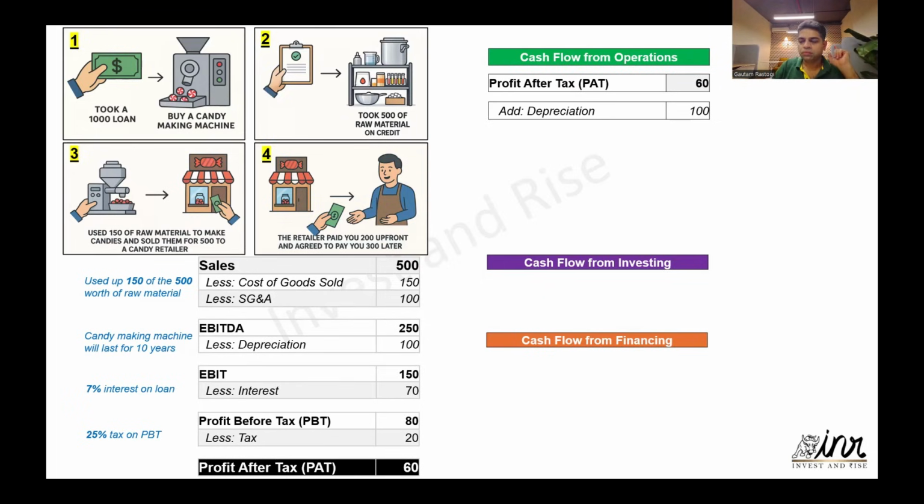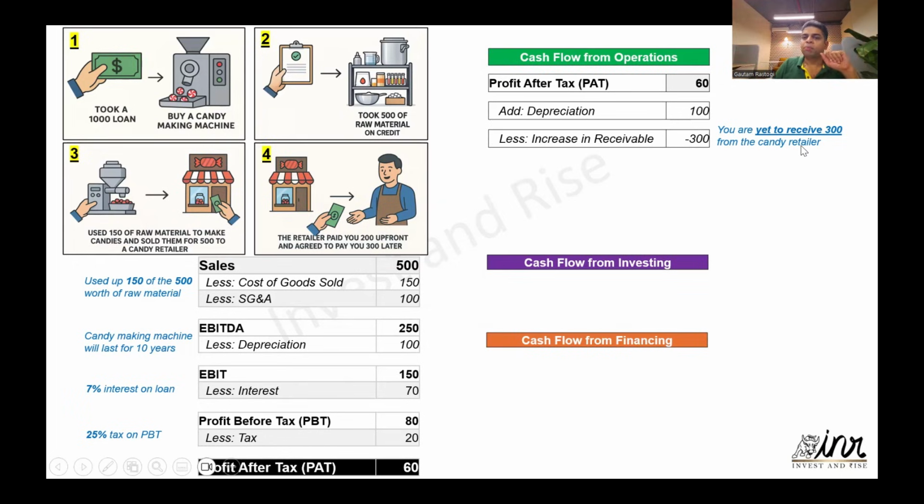Then see, if you recall, you are yet to receive 300 from the candy retailer to whom you sold your candies. उसने 300 रुपए रोक के रख लिए. तो that is, 500 का sale आपने बुक किया लेकिन 300 नहीं दिए कैंडी रिटेलर ने. ओके. तो that 300 is not with you, that is blocked or tied up with your customer.